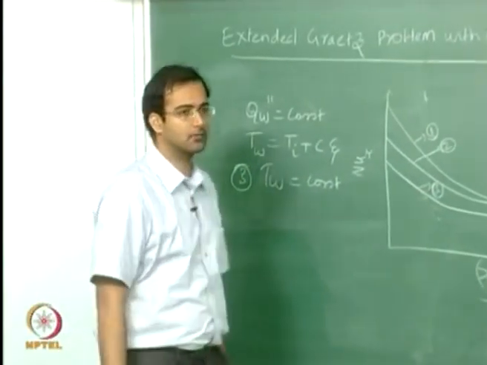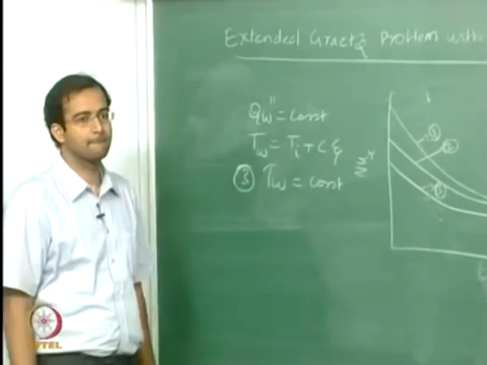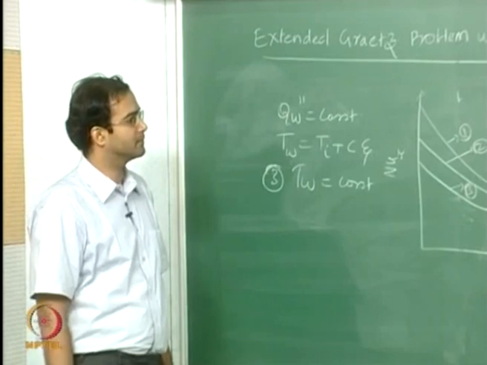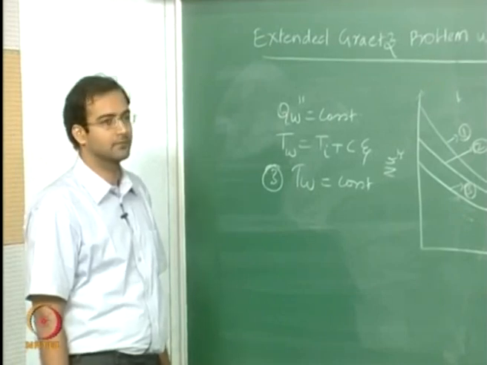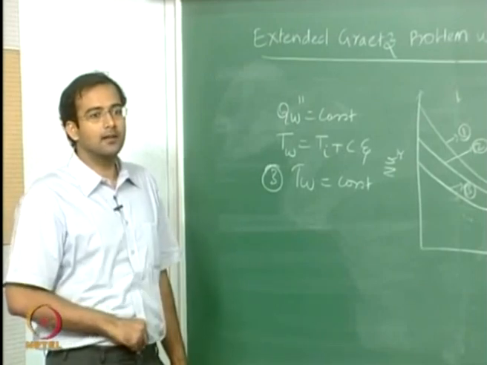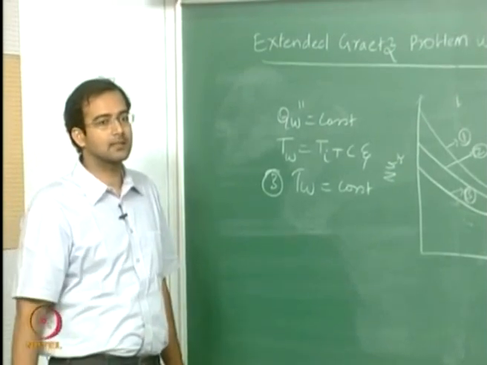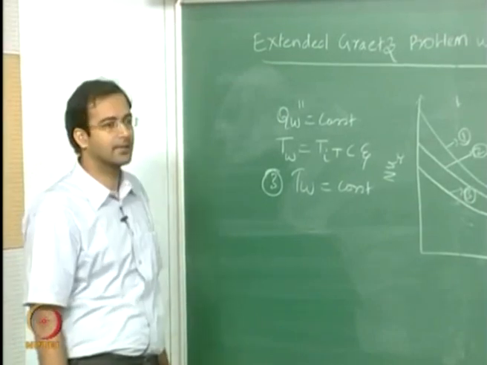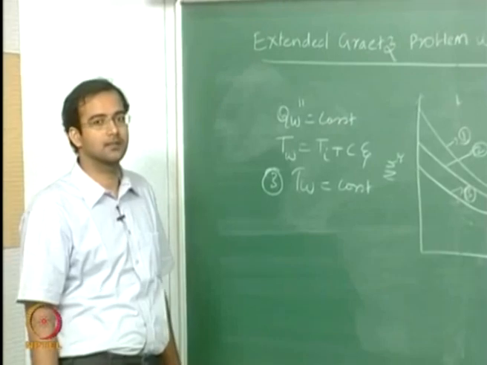So between 1 and 2, what could be number 1? Q wall is constant. How about linear variation of wall temperature?